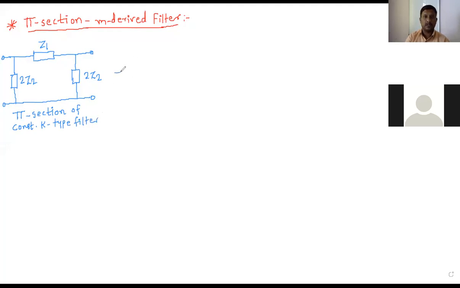Now next, we are making changes here in the M derived filter. So Z1 is replaced by Z1 dash. Z1 dash value we have to find out.